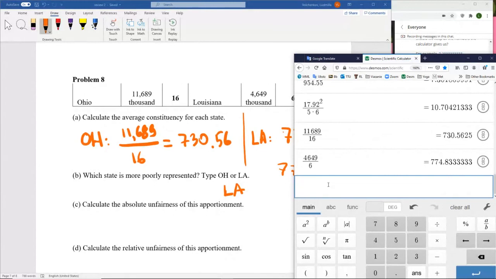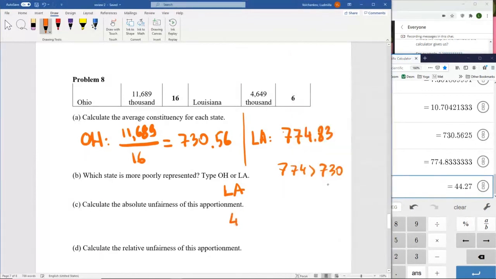So first, the absolute unfairness is just the difference. We take 774.83, these numbers rounded to the second digit, and subtract 730.56.